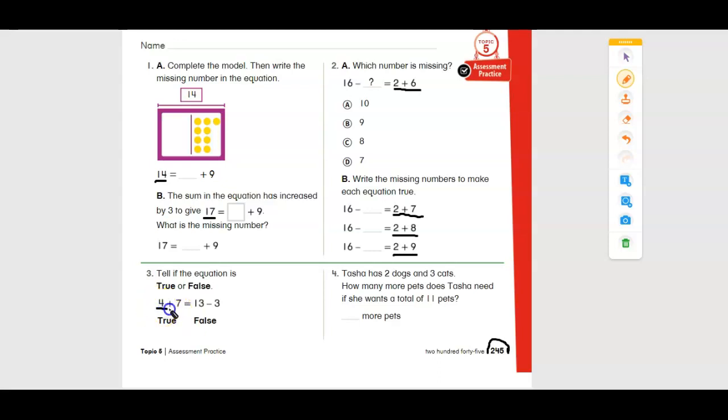So to figure this out, you will have to solve both equations and see what you get for your answer. So solve for 4 plus 7, get your answer. Then solve for 13 minus 3 and get your answer. If they are the same or equal, then it is true. If they are different and not equal, then this is a false equation.